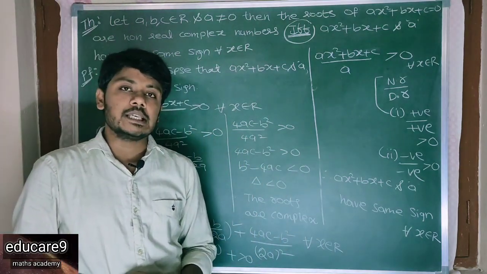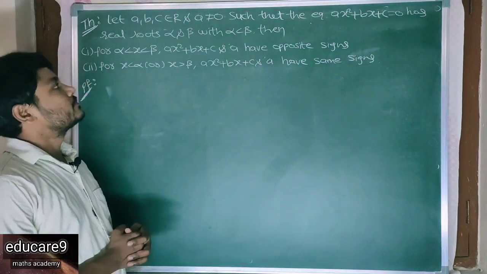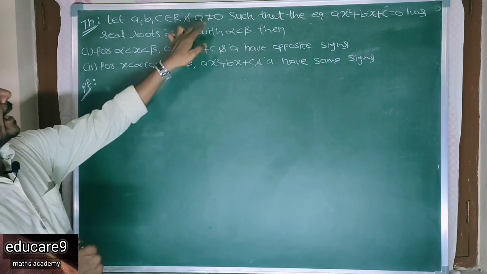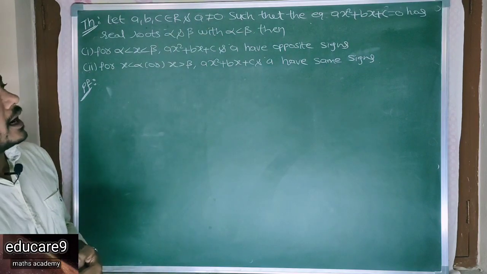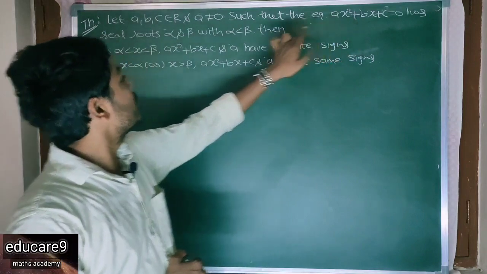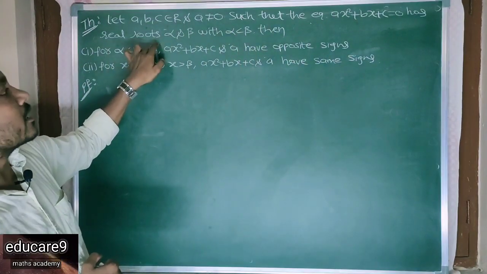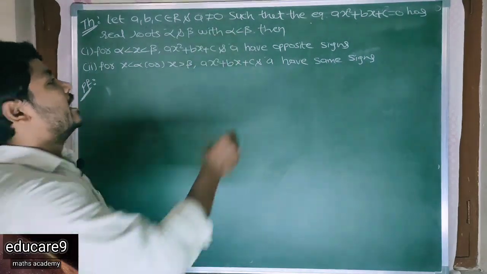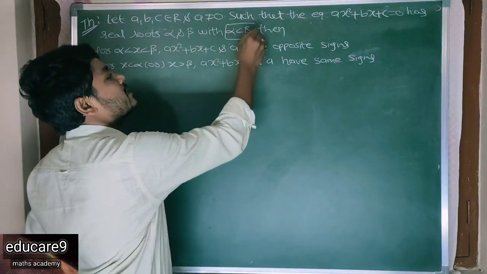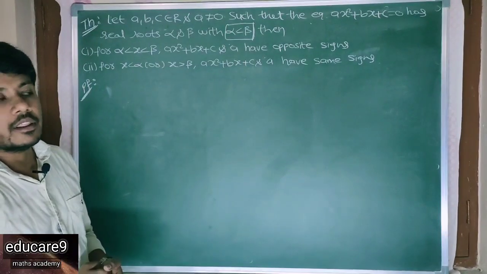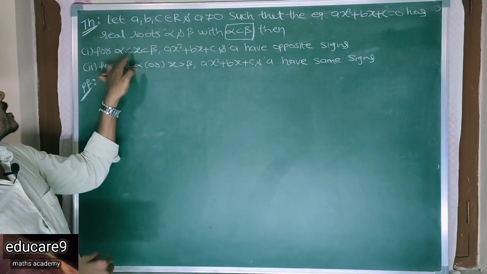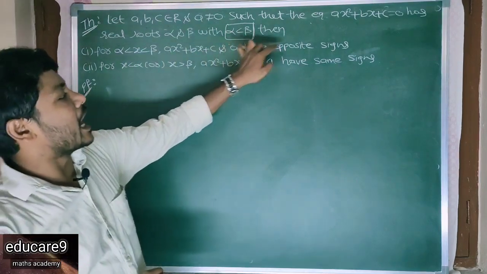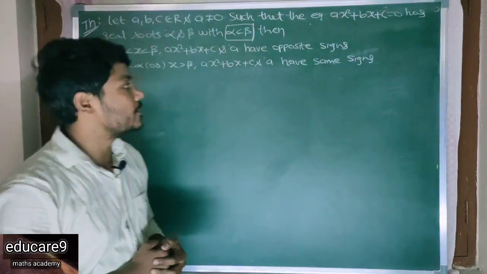Now we will go to the second theorem. See the next theorem. Here a, b, c are real numbers and a is not equal to 0, and the equation has real roots alpha and beta, with alpha less than beta. Then if x lies between alpha and beta, the expression and a have opposite signs.